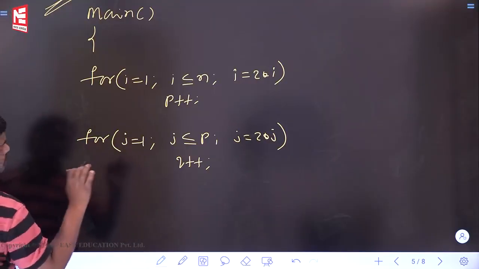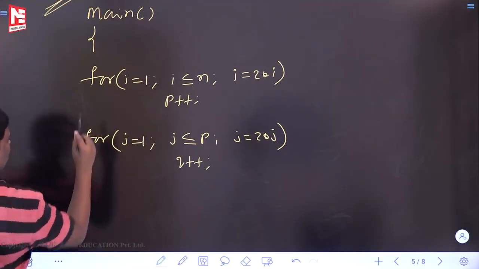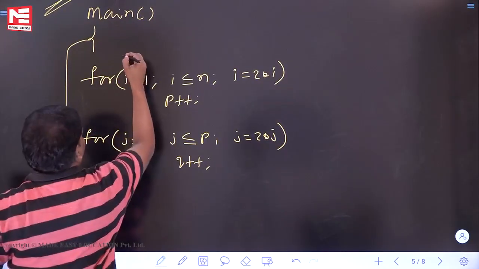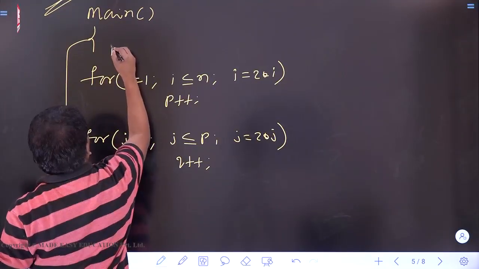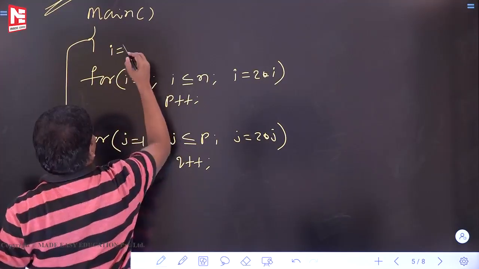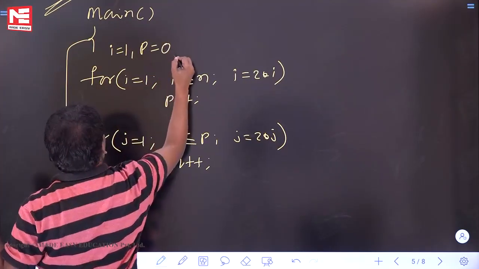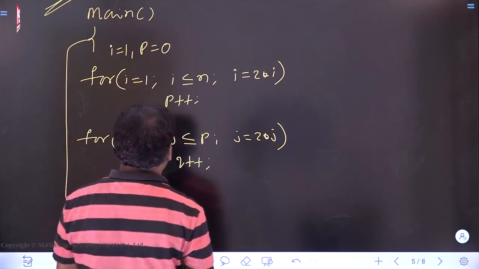So this is the problem until now. Next one, here let me write. I is equal to 1, it's okay. Next one, p is equal to initially 0.